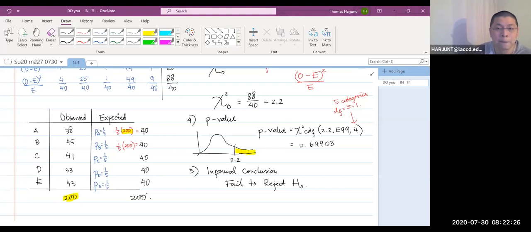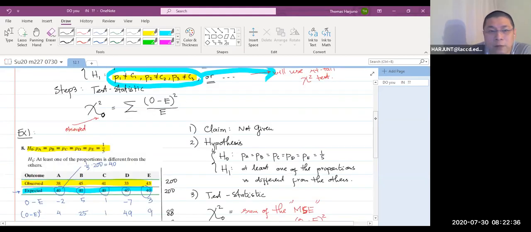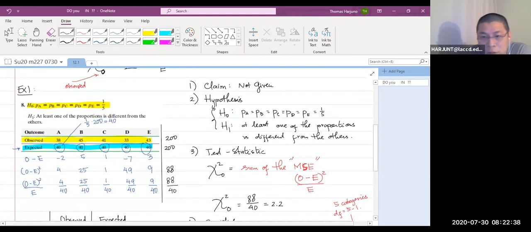Okay, now is our alpha still 0.05? The thing is, they don't tell us what's the alpha from this question here. Let me check. And because they don't tell us, I just assume that's 5%.